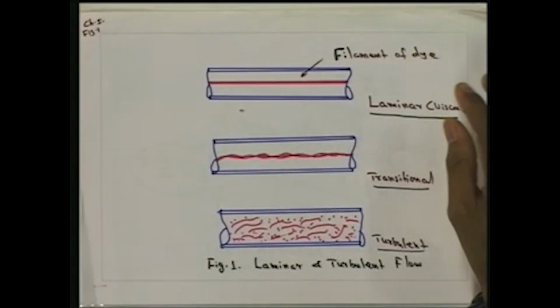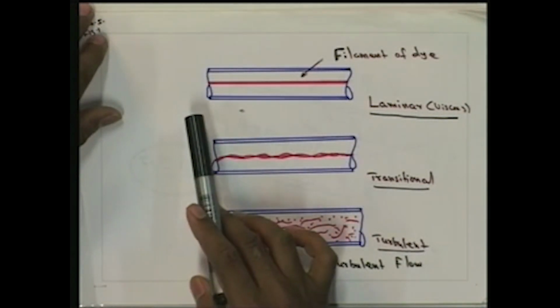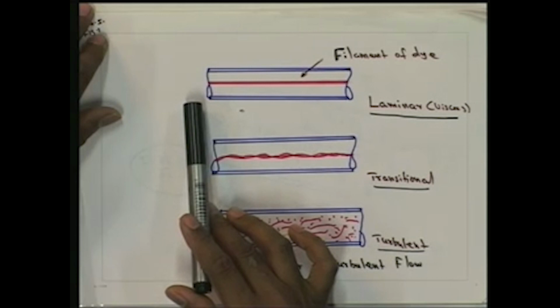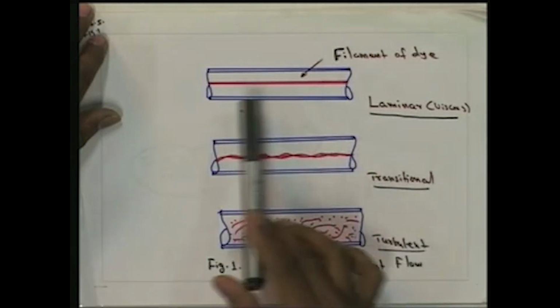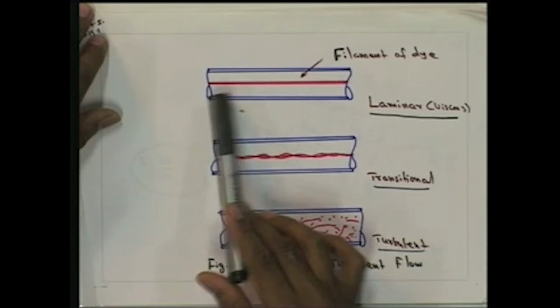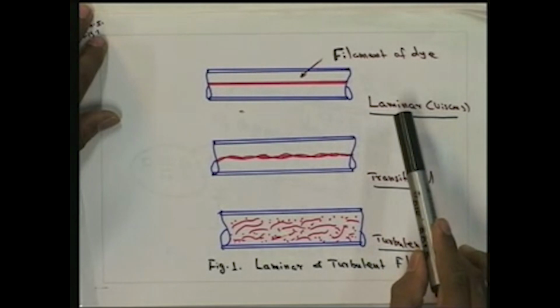Here you can see that if you consider flow through a pipe and put a filament of dye in it, there is no disturbance to the flow and the flow is in layers, so that is laminar flow.